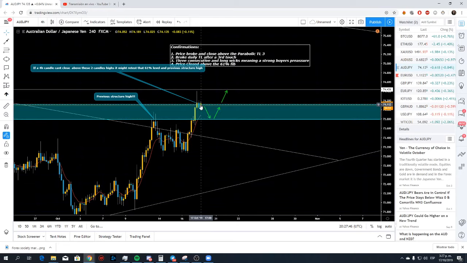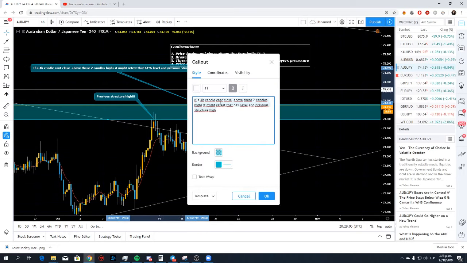Yeah, but in these candles, I know what you mean right now. We need to have a close above the body, the top of the body. Let me fix it. The candle closes above the two candles' body high. Here's the body high.